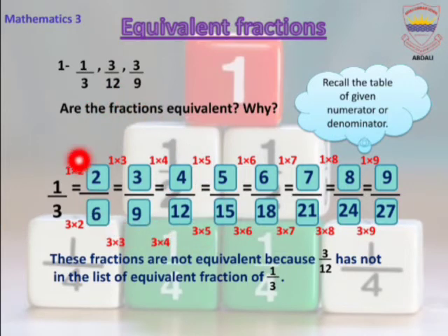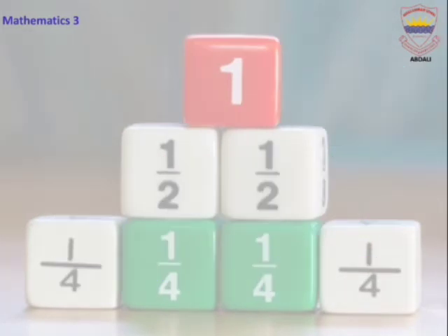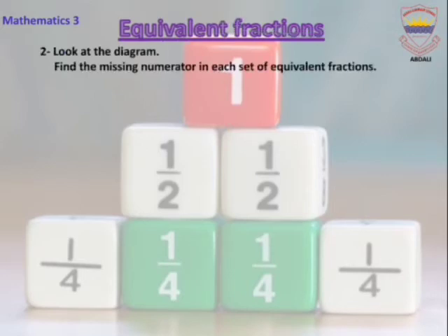Here students, 3 by 12 is not in the list of equivalent fractions of 1 by 3. So these fractions are not equivalent. Now students, let's start to solve another question.